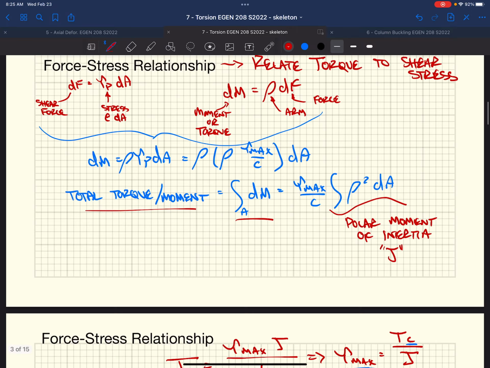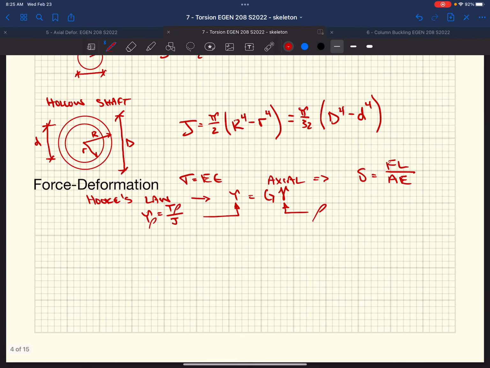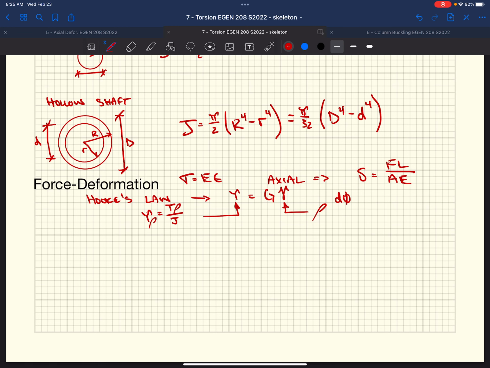So if we looked at it, we would say that our strain is equal to the radius, at some radius rho, times d phi, the change in rotation, over that small length dx. We get rho d phi dx.